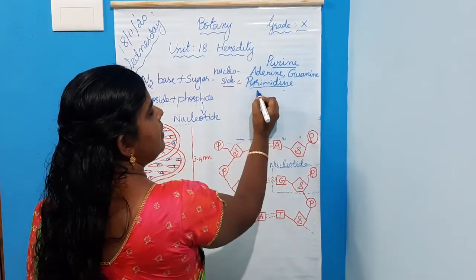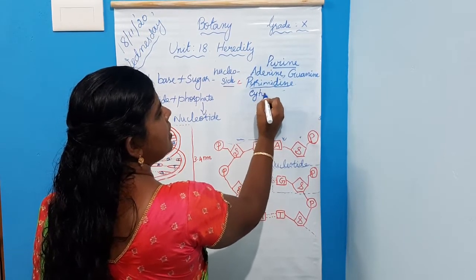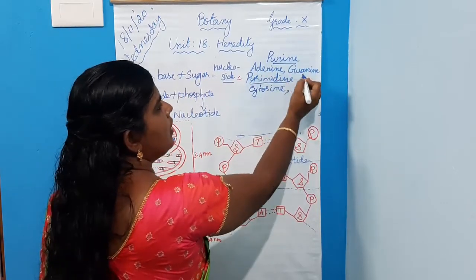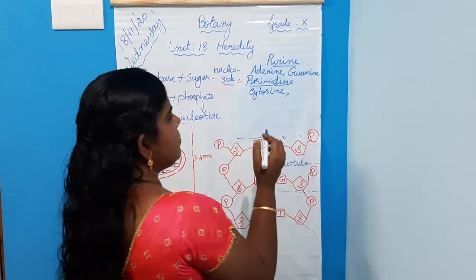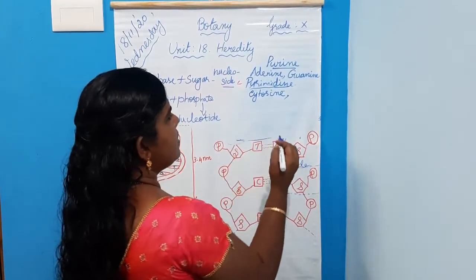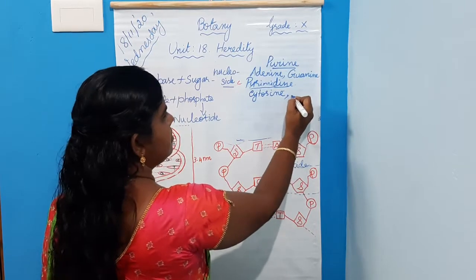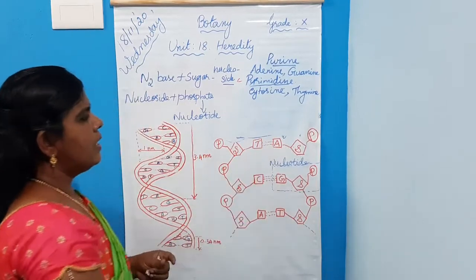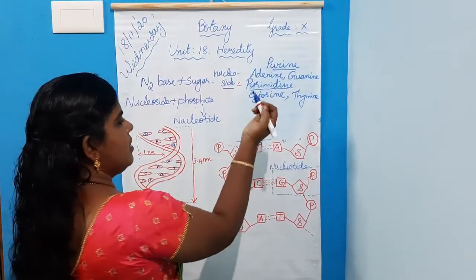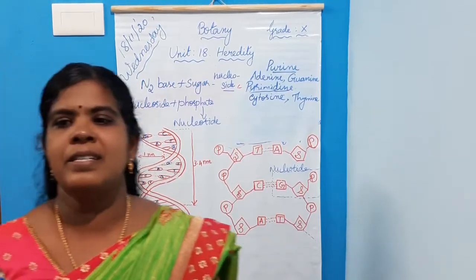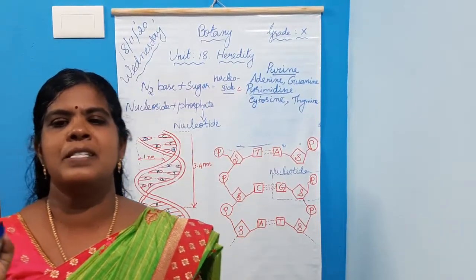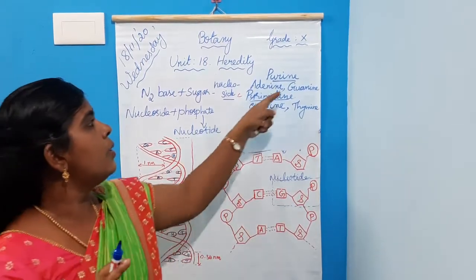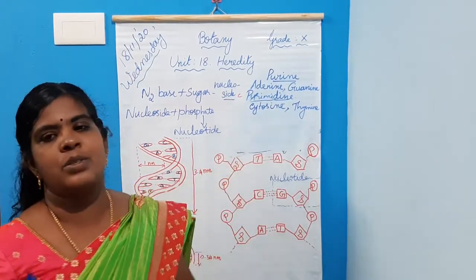The purine bases are adenine and guanine. The pyrimidine bases are cytosine and thymine. The pairing between nitrogenous bases is specific, between a purine and a pyrimidine.